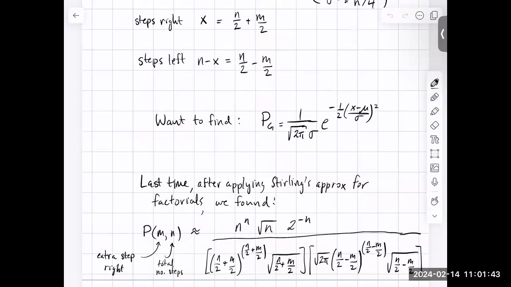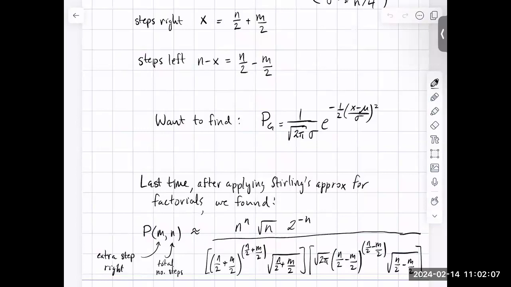The binomial distribution also has p raised to the power x times 1 minus p raised to the n minus x. But we're going to take p to be 1/2. Those two things combine to be 1/2 to the power n, or 2 to the minus n. So that's where that factor comes from.